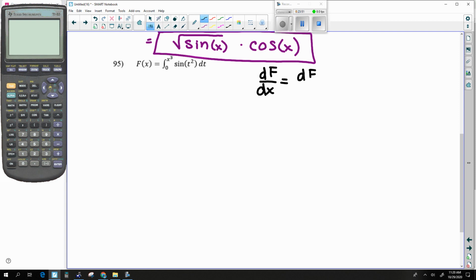So that's going to be df du, and I'm going to cancel that du with the dx. All right, so u is x to the third. That means du dx is 3x squared. Okay, so that's that second piece.